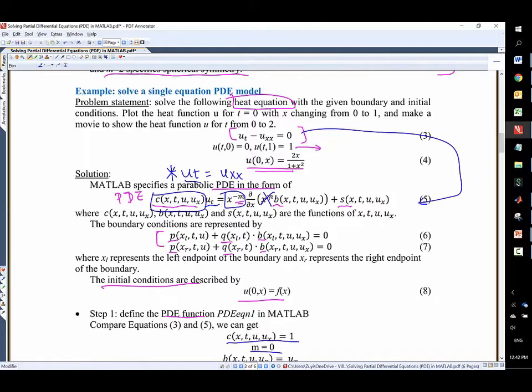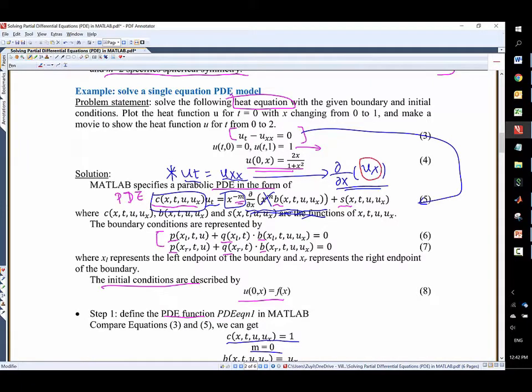Okay, now let's compare these two terms. This term here is the partial derivative term with UXS. It means the second order derivative of U over X. So we compare this term with this term here, and B should be equal to this one.